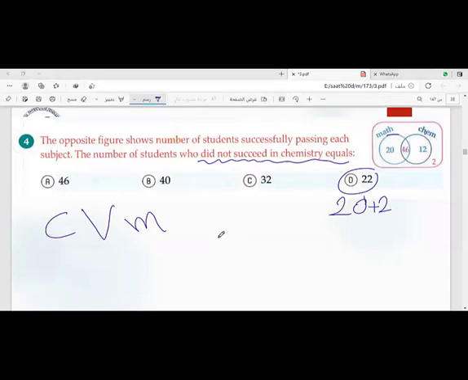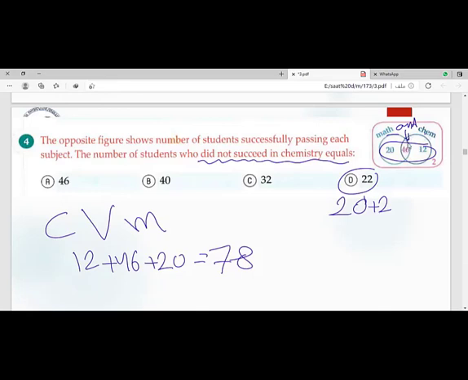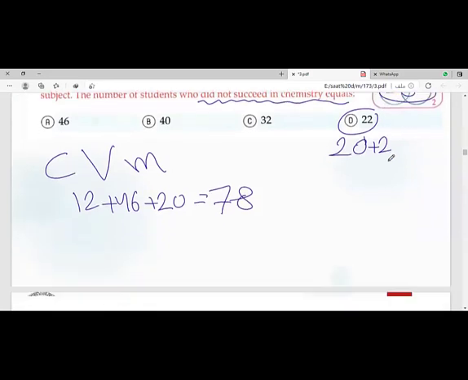We use or, so it's 12 plus 46 plus 20, so 78 students. Here with or, we take all. If we use and, it's just the intersection, here 46. So and is intersection, or is addition.